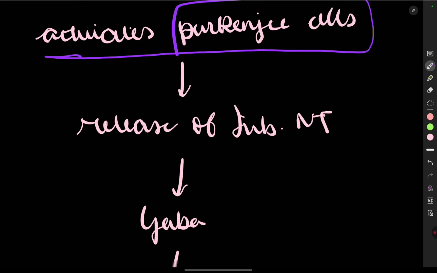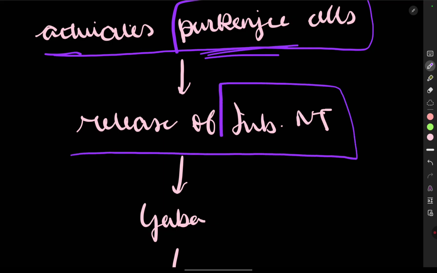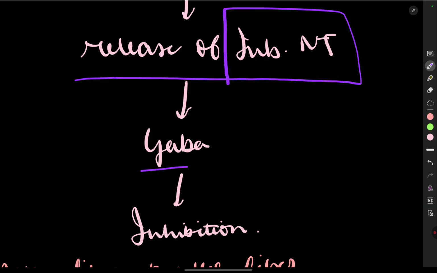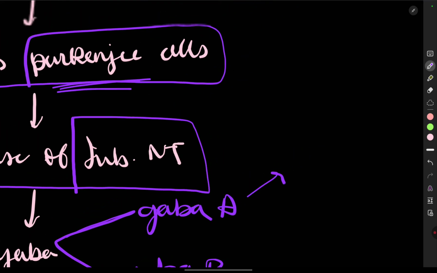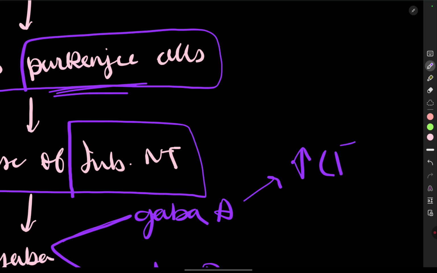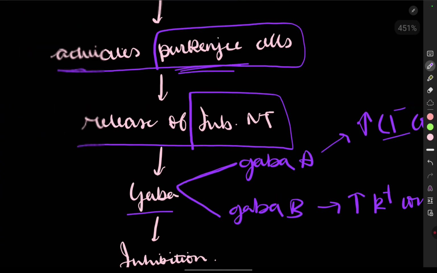They activate the Purkinje cells, and these Purkinje cells release an inhibitory neurotransmitter such as GABA. I told you, there are two types of GABA, GABA A and GABA B. This does inhibition by increased chloride conduction, and this does inhibition by increased potassium conduction. So this is about it.